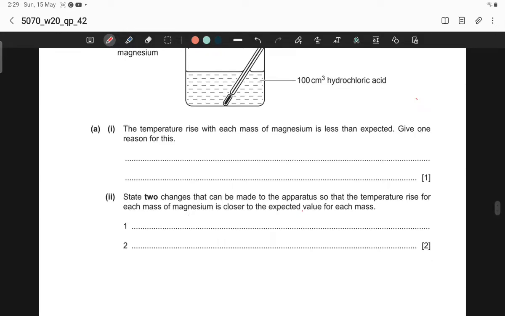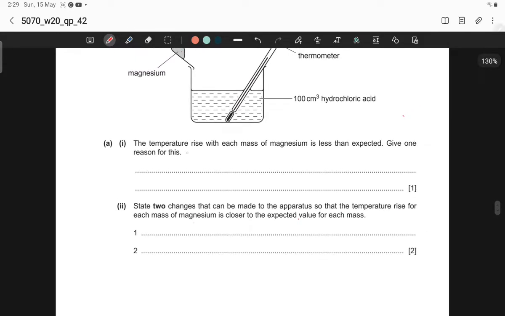Question number 6a. The temperature rise with each mass of magnesium is less than expected. Give one reason for this. Heat lost to the surroundings.